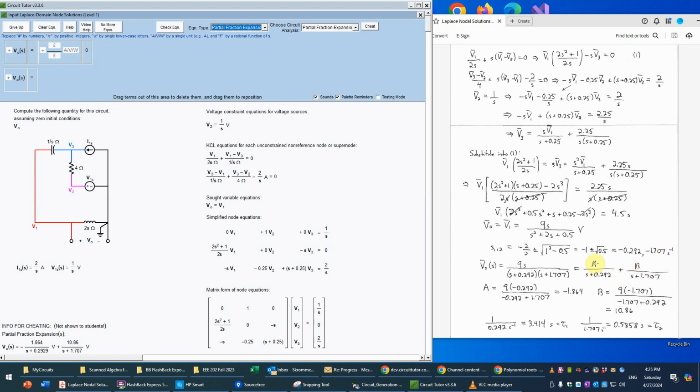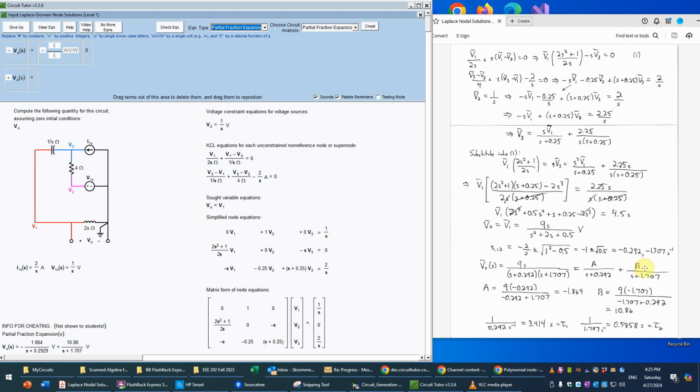And so we are left with nothing but A here. So now we just plug in the value of s that we were substituting, which is minus 0.292. Then this term is gone, so we just have minus 0.292 here plus 1.707. And then just doing the math there on a calculator, that will give us minus 1.864.